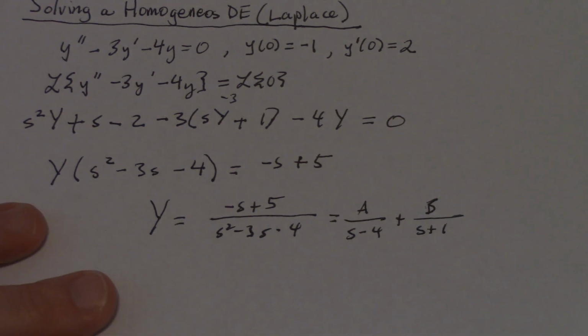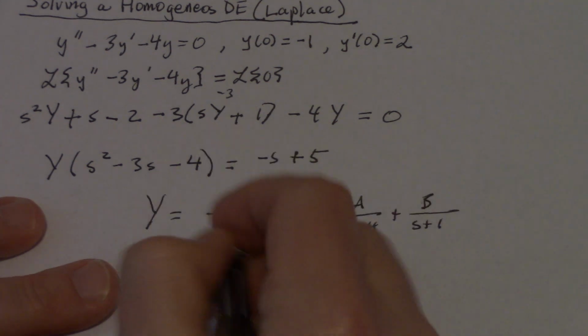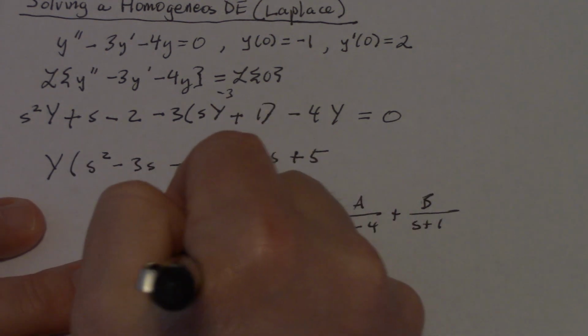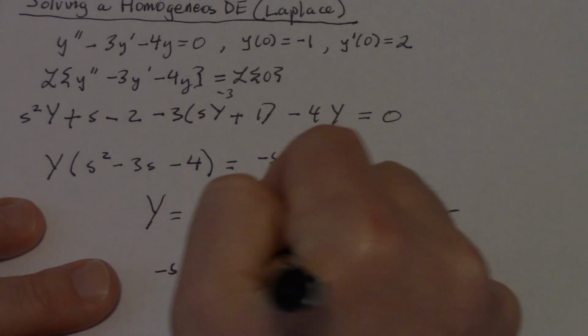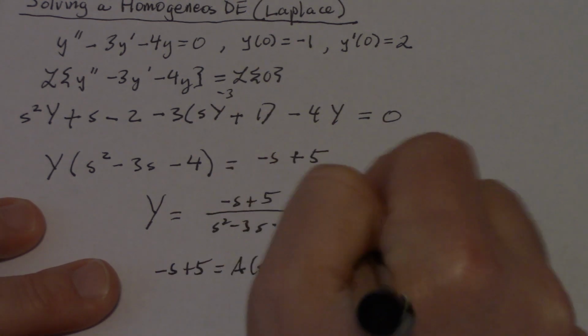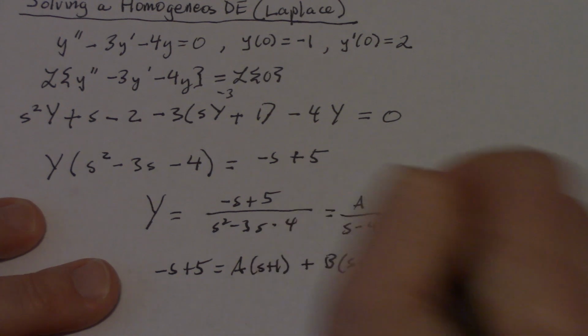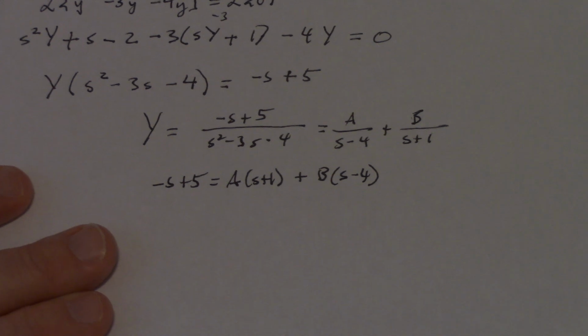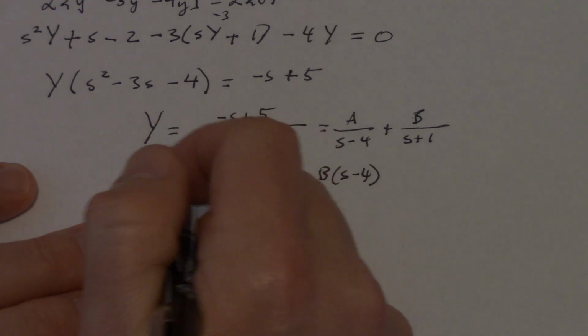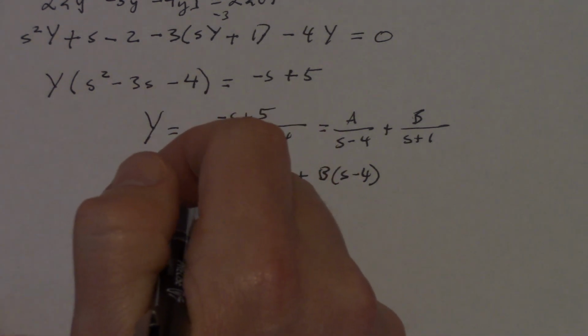And then common denominator with that side and setting it equal to the numerator, we get minus s plus 5 equals A(s plus 1) plus B(s minus 4). And we have our two nice values here that we plug in. So we plug in s equals negative 1, and we plug in s equals 4.